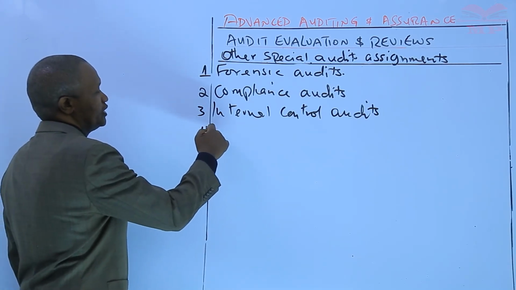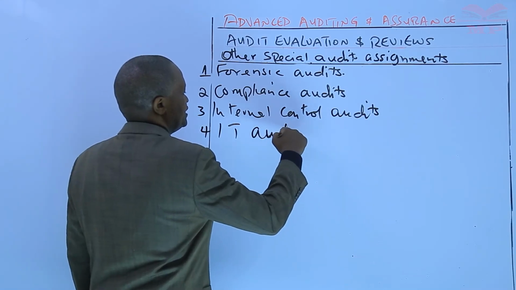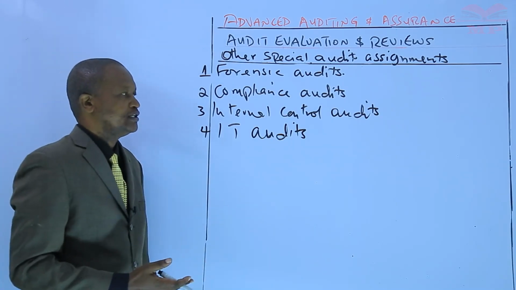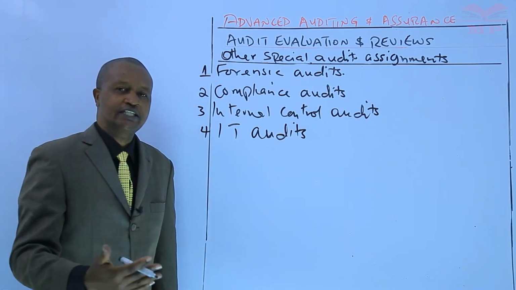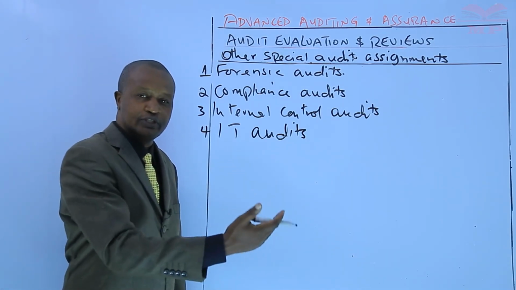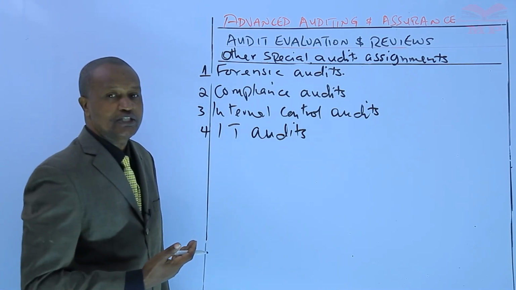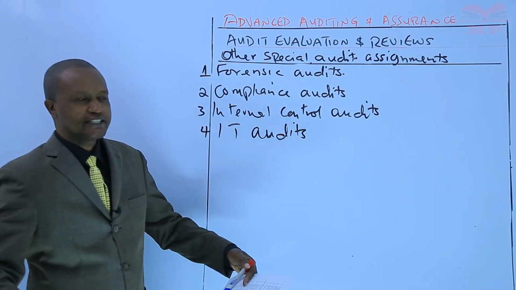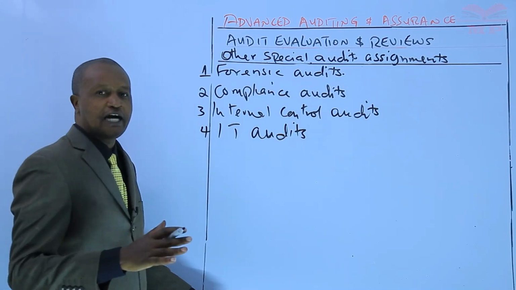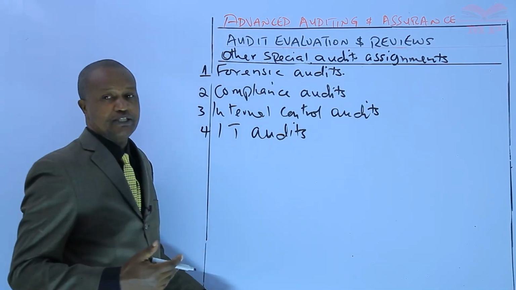Then number 4, we have what we call information technology audits, IT audits. IT audits focus on evaluating an organization's information technology systems, processes, and controls. These audits assess the security, the integrity, and availability of data, as well as the effectiveness of IT governance and risk management.